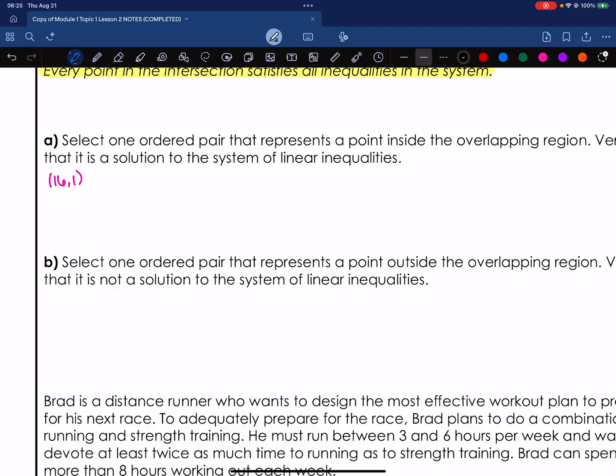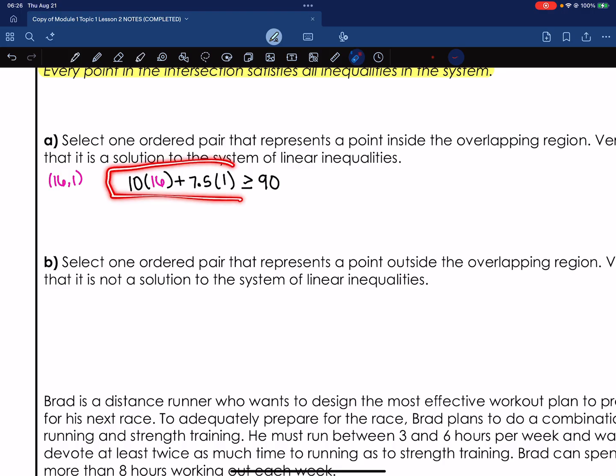So we had 10 times 16 plus 7.5 times 1, and that has to be greater than or equal to 90. So we would type this in the calculator.